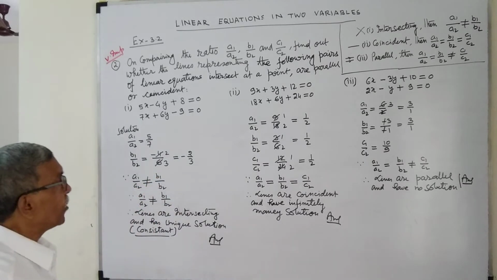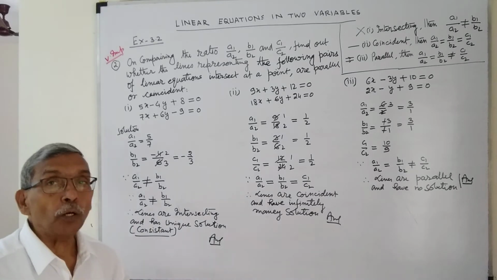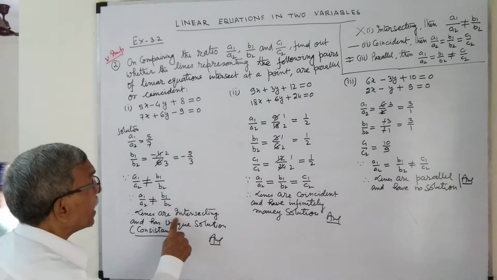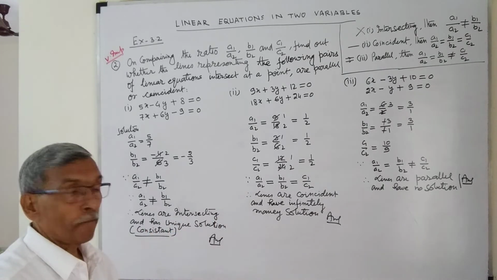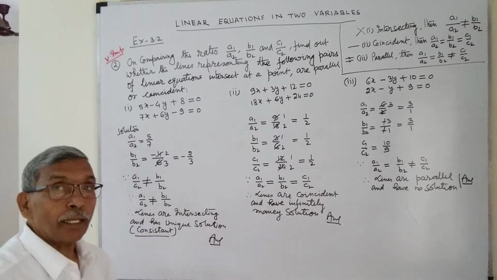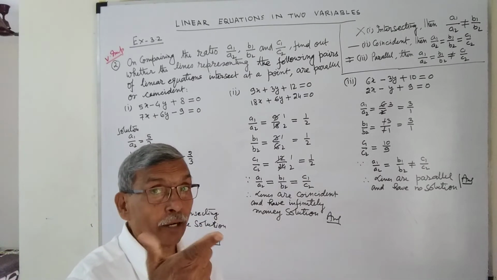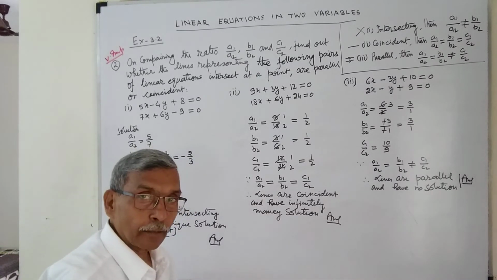So you are observing that A1 upon A2 is not equal to B1 upon B2. So the lines are intersecting and have a unique solution. So it is consistent. Sometimes it is said constant, whether the lines are consistent or not. So you will reply like this, and this is our answer.